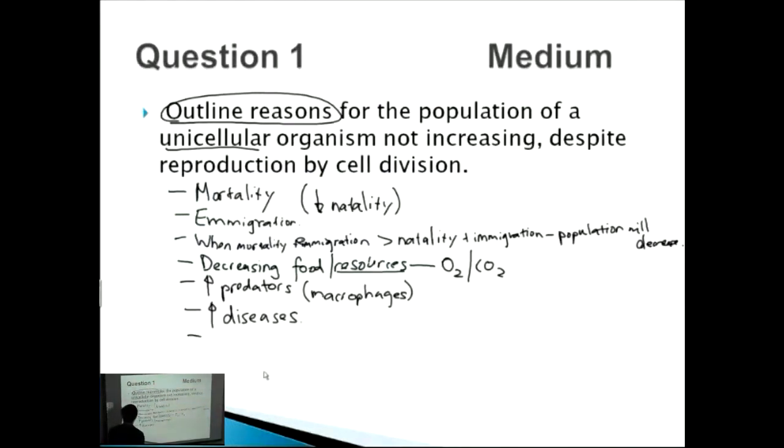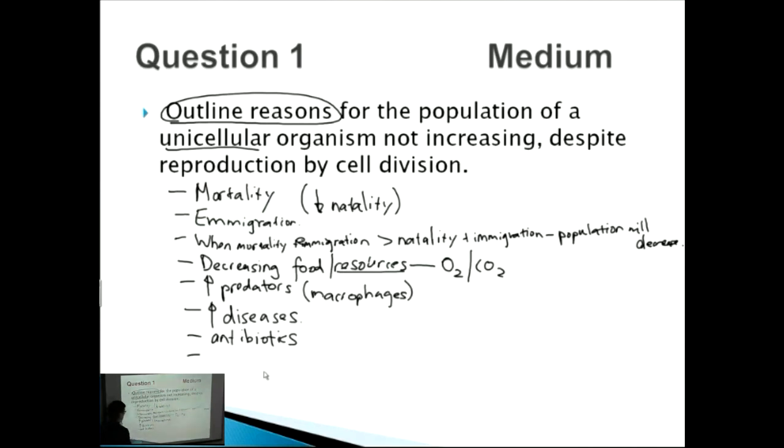And then with unicellular organisms in particular, you always have to think about antibiotics. So if someone has taken some medicine and has started killing off the unicellular organisms, antibiotics would definitely cause it. And with an increase in waste products, you might have a change in the environment of the unicellular organisms.